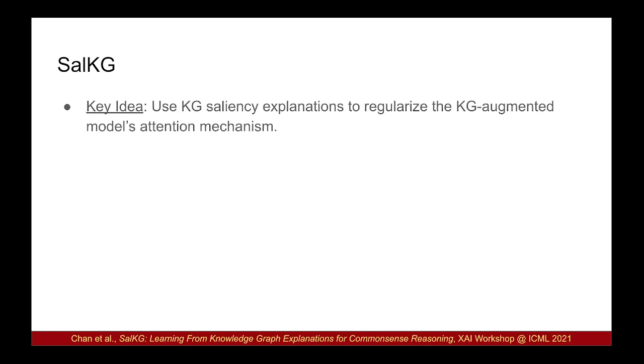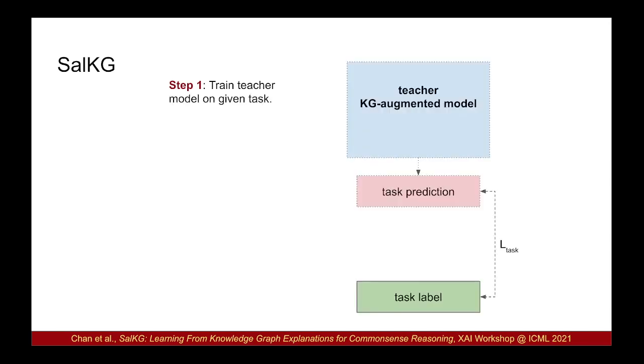Now we introduce SalKG, the proposed framework for training KG augmented models with saliency explanations. The key idea is to use KG saliency explanations to regularize the KG augmented model's attention mechanism. First, we train the teacher KG augmented model on the given task.